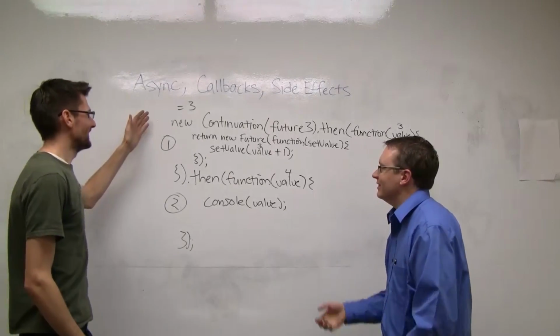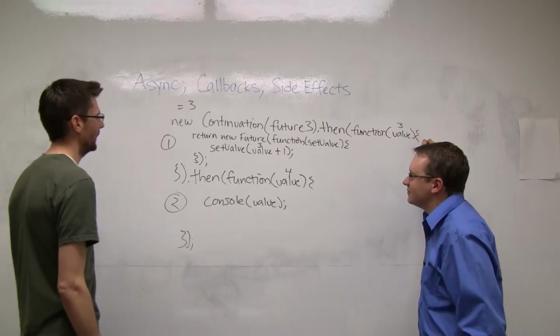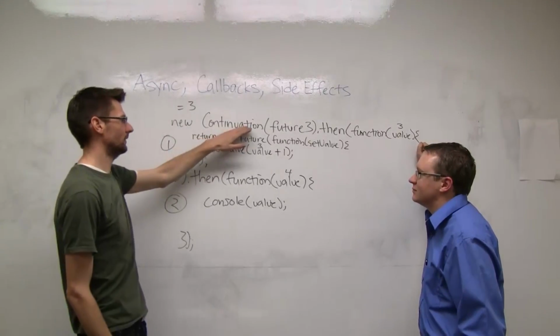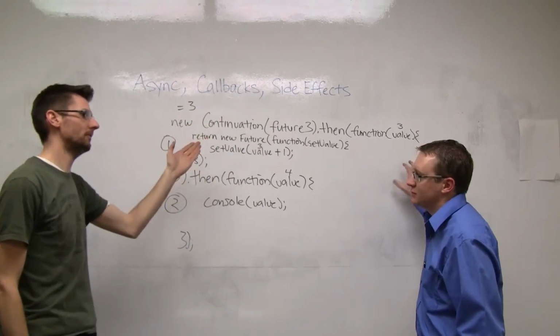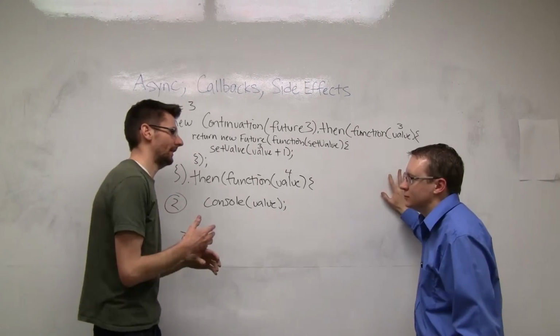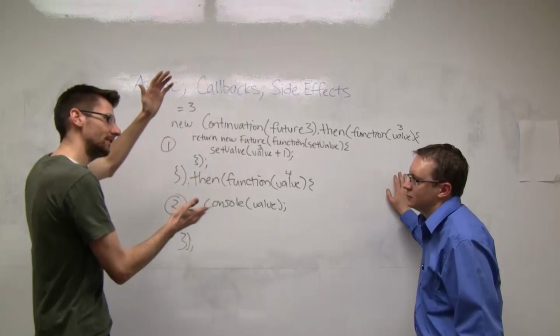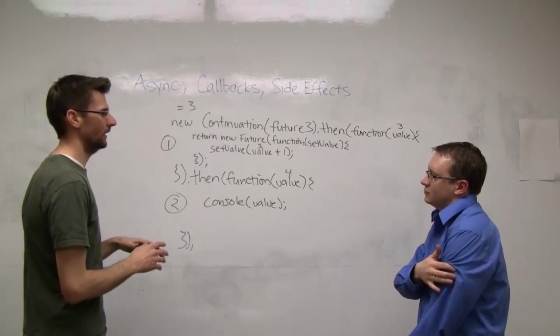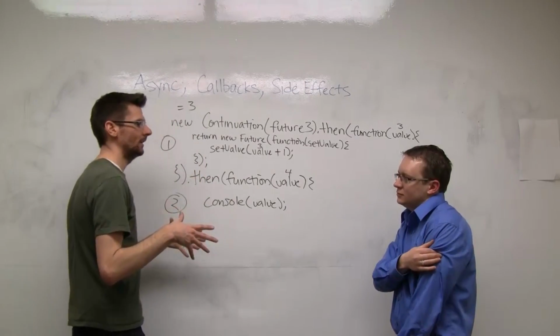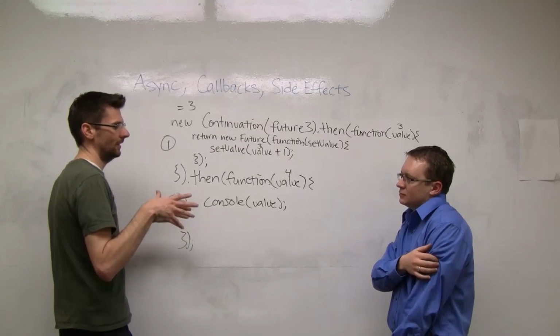But this is why we believe it doesn't take much work to make a future into a continuation. I wouldn't even mind if the future had something like toContinuation, and that's where you'd start, and then you could say then on it and know that it's going to be continuous. I just feel like we were shoving too much into the future.